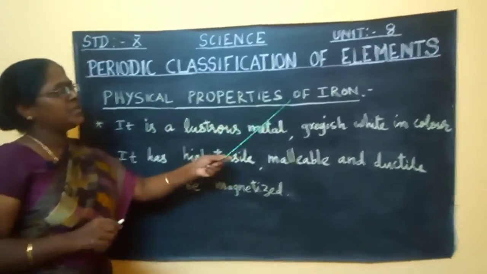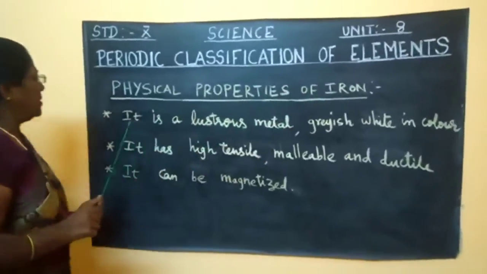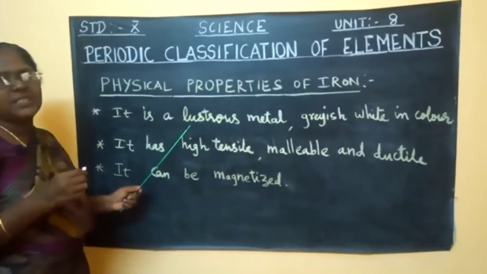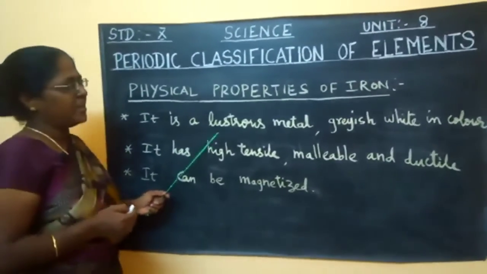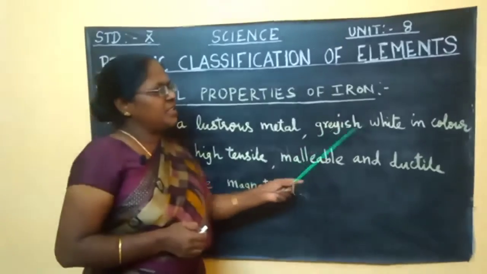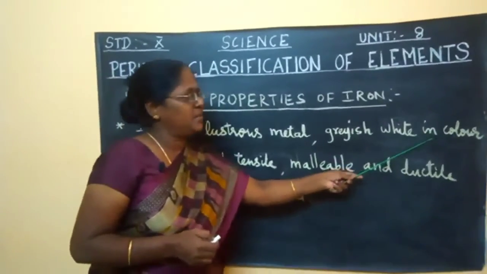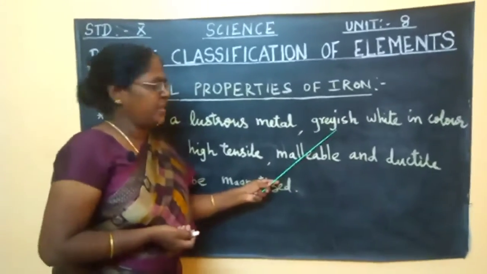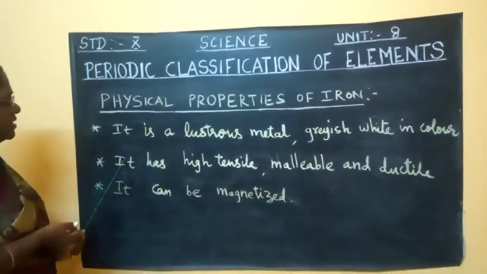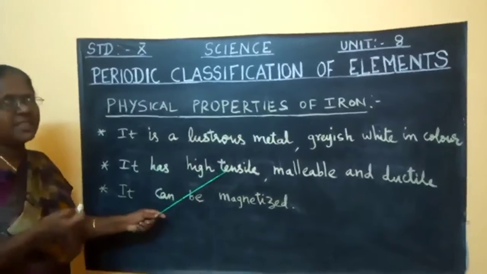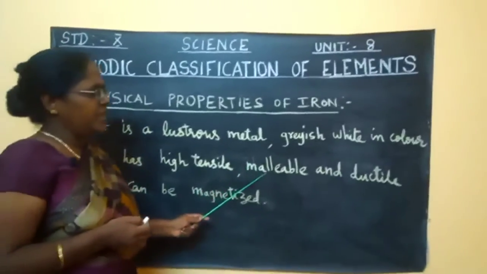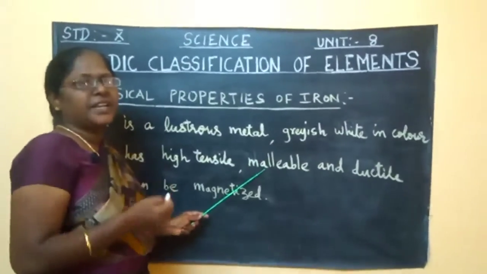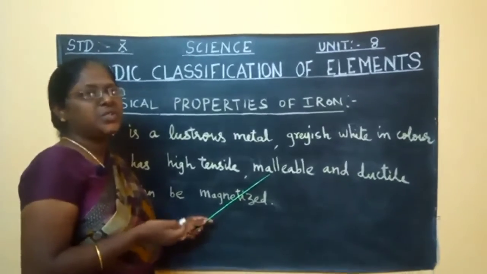Physical properties of iron. Iron is a lustrous metal. Lustrous means shining. It is grayish white in color. When it is rusting, the color is changed. Next, it has high tensile strength. Tensile means strong. Malleable means they can be beaten into thin sheets.